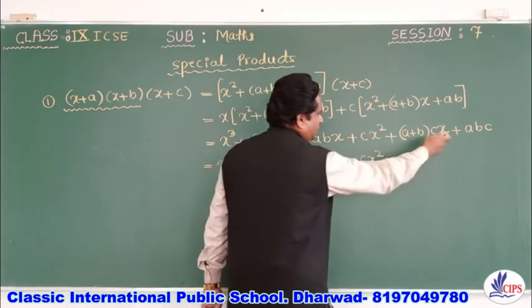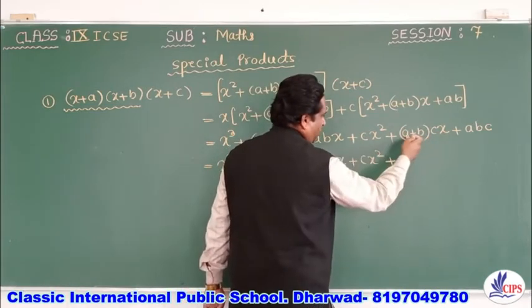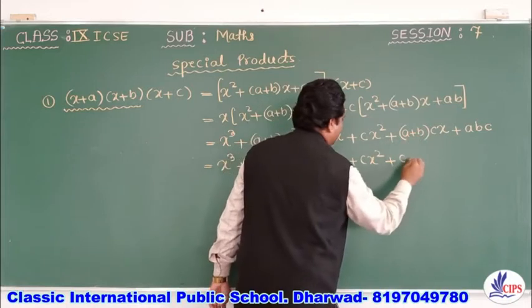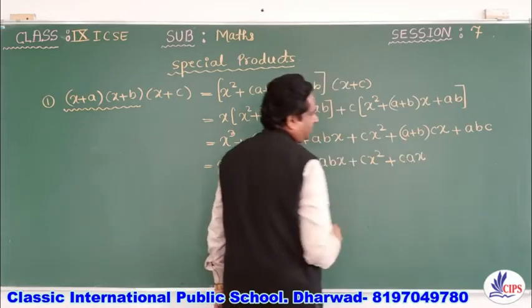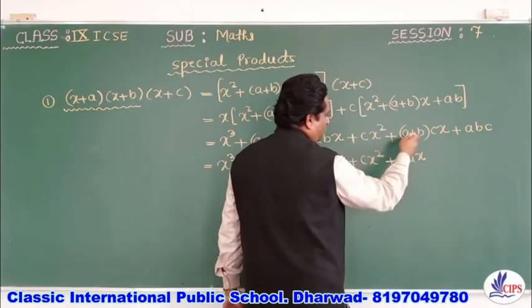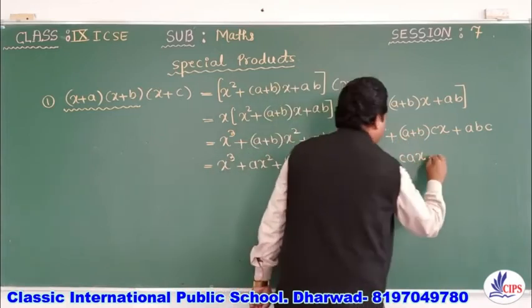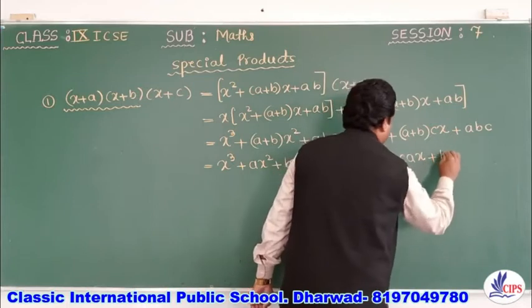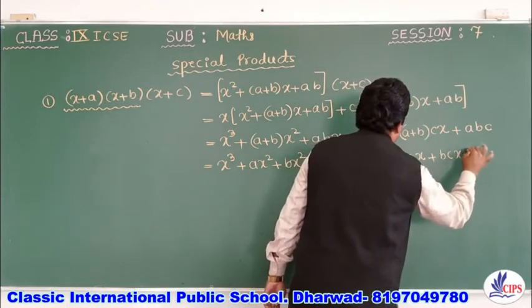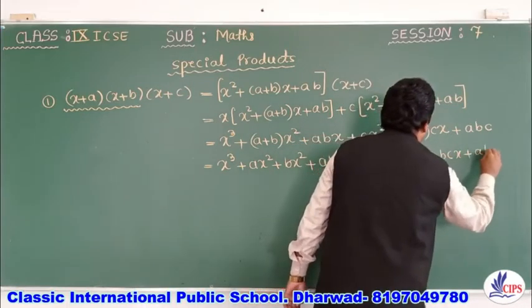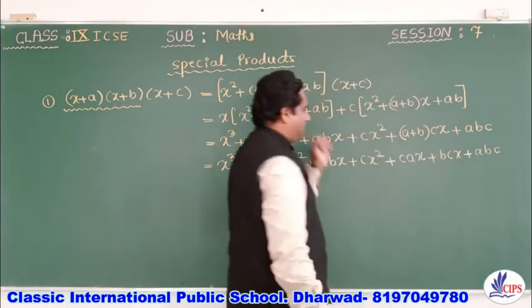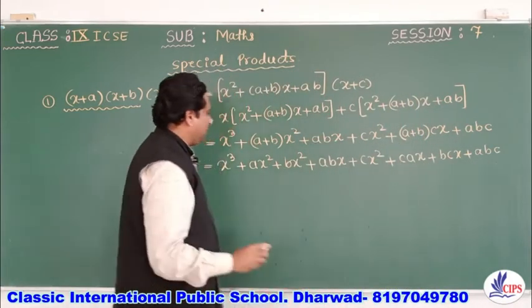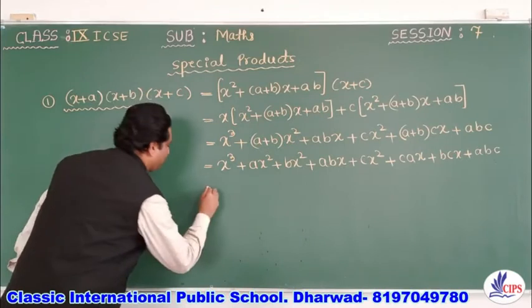Plus cx into a, that is cax, plus cx into b, bcx, plus abc, right? Look at here, I'll simplify further.